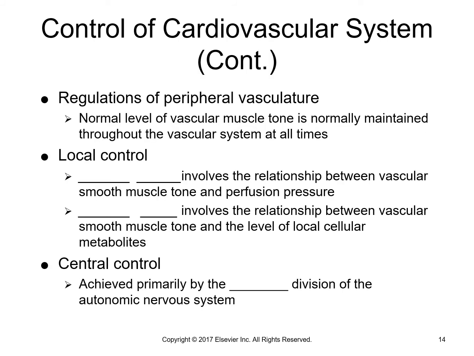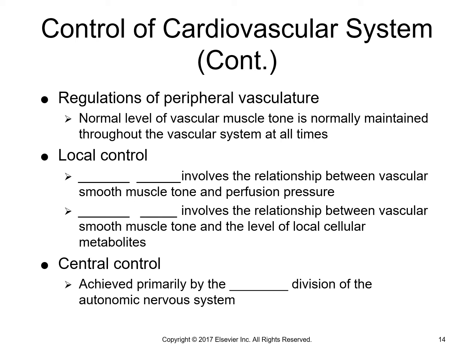So, regulation of the peripheral vasculature. A normal level of vascular muscle tone is maintained throughout the vascular system at all times. So we have local control and central control. The local control includes myogenic control. This involves the relationship between the vascular smooth muscle tone and the perfusion pressure. So this basically ensures a relatively constant flow to the capillary beds despite changes in perfusion pressure.